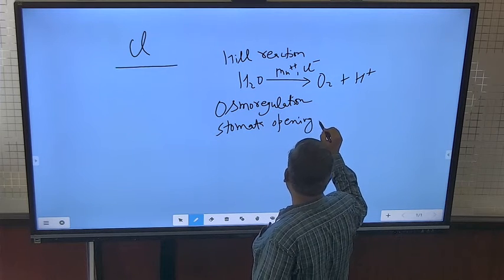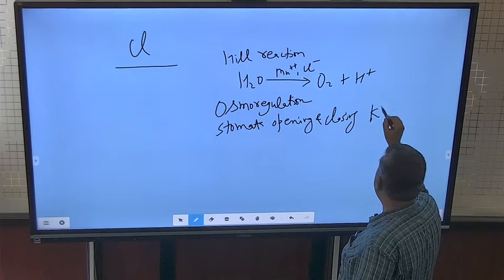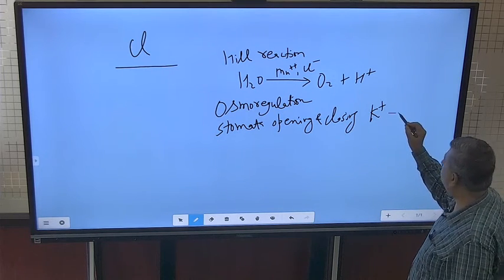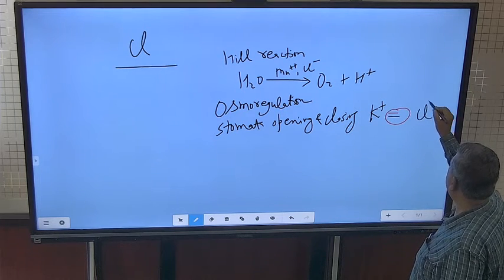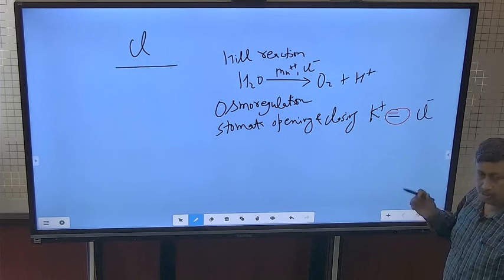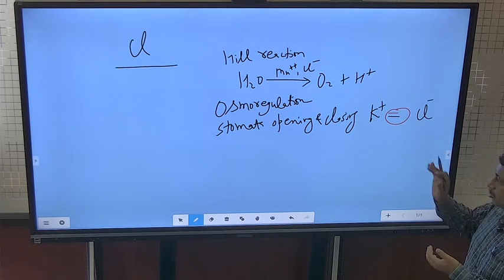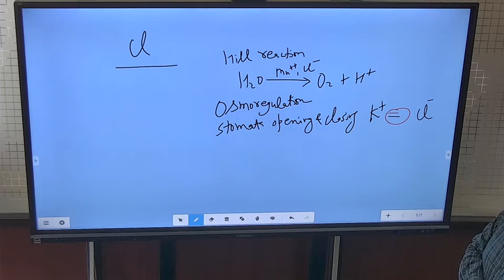Actually, potassium ion is involved in this opening and closing, and the counter ion for potassium is chlorine. Chlorine and malate ion act as counter ions for potassium. So, osmoregulation or water relation is maintained by this chlorine.